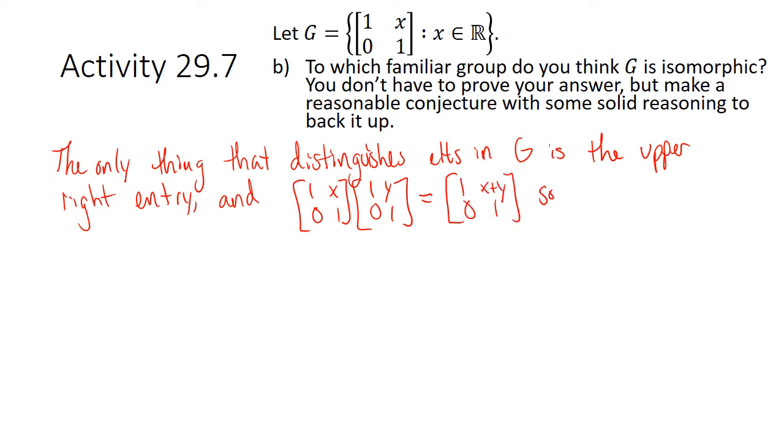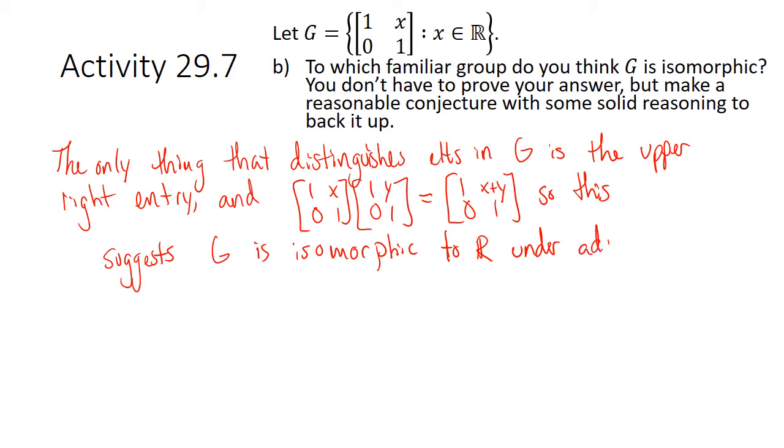So this would suggest that all you're basically doing is addition of real numbers. So this would suggest G is isomorphic to the real numbers under addition. Okay, I hope you guys can see why that makes sense.